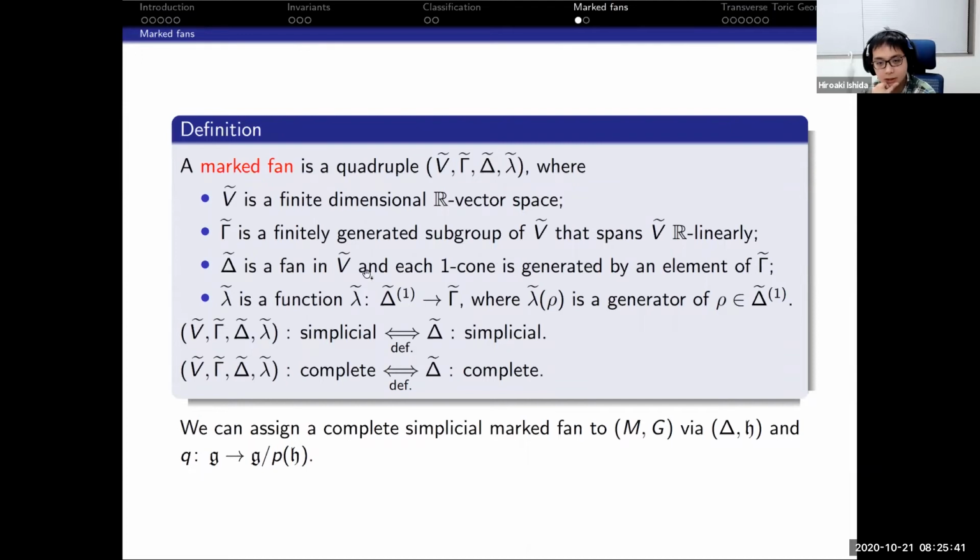Delta tilde is a fan in this vector space, and each one-dimensional cone in this fan is generated by an element of gamma tilde.